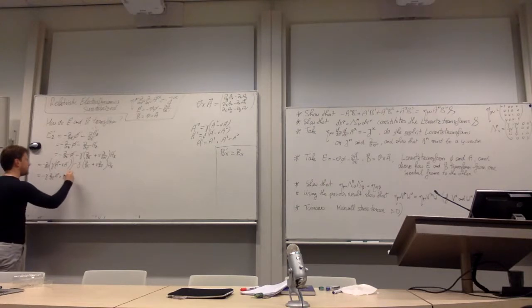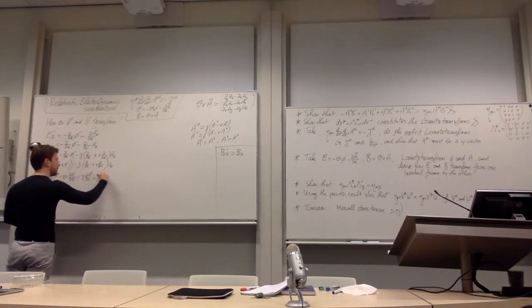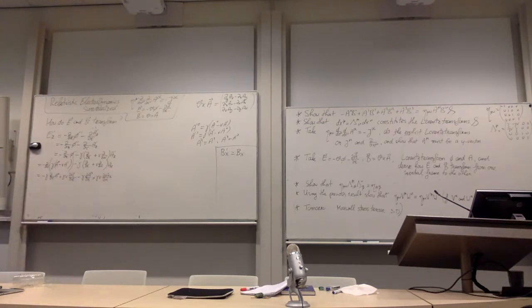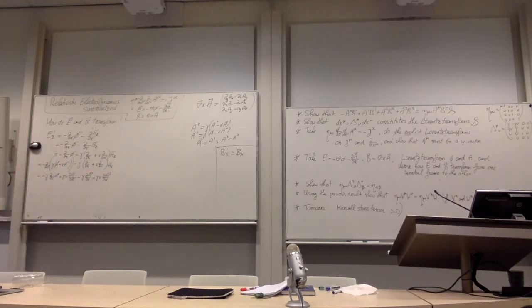And if I'm not mistaken, that should give us this. AZ, we'll call A3, minus gamma V. Excuse me, this is A3. So I'm getting this.